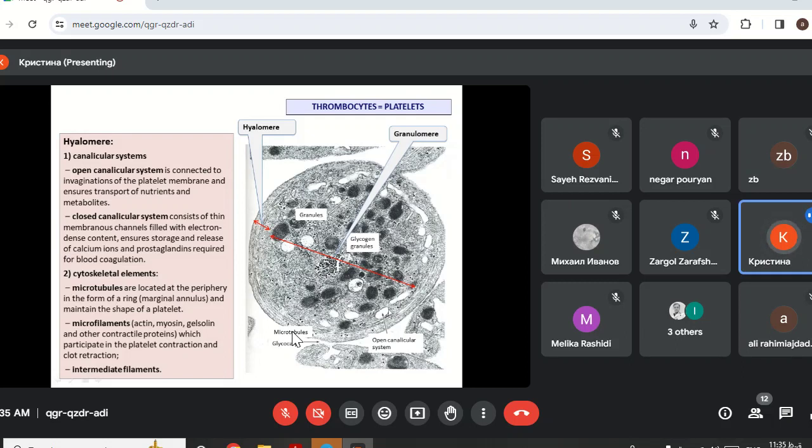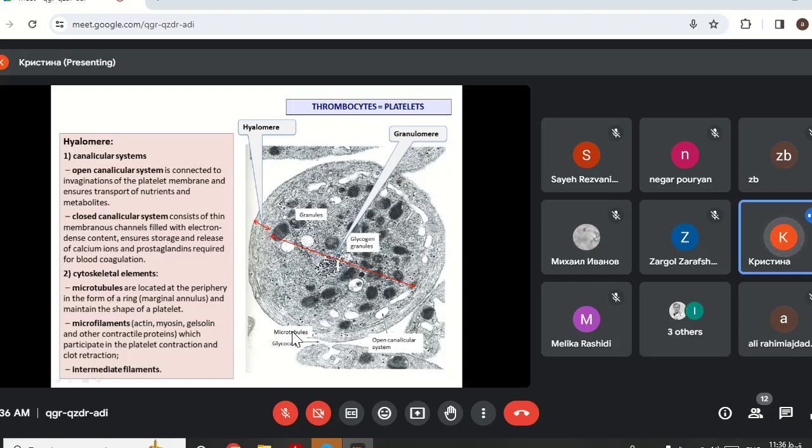Microtubules are located at the periphery in the form of rings, and they maintain this disc shape of the thrombocyte. Microfilaments, actin, myosin, glycerine, and others are contractile proteins. It means that they can contract, and they are located peripherally between microtubules and membrane, and they participate in change of shape of platelets during their activation when they make the blood clot.